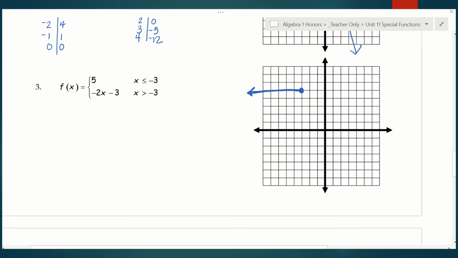For the second one, I will put the table for this. I think it'll make it a little easier for us. So once you have that typed in and you pull up the table, we're looking for where x is -3 and anything bigger than it. So I'm going to start at -3 and go all the way to 2.